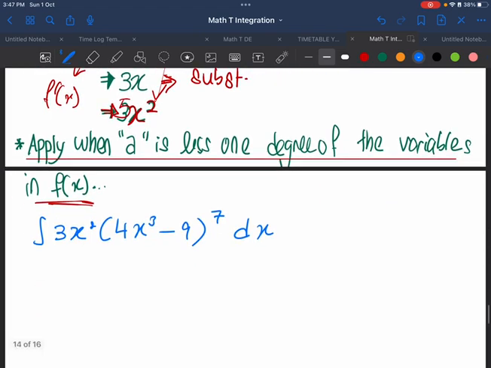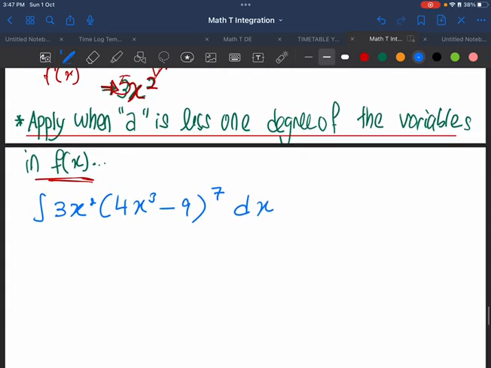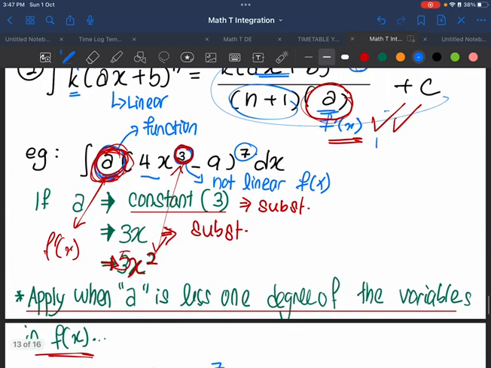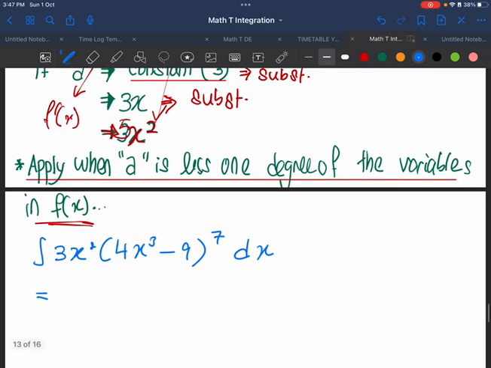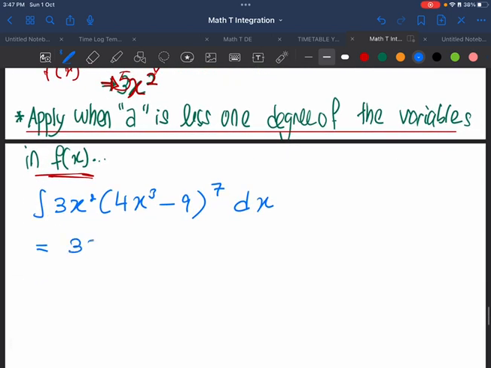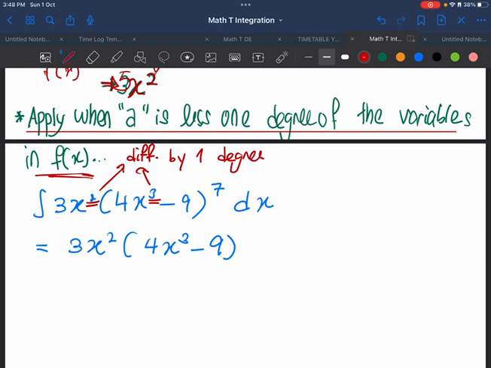If I want to do this question, I will just use the second formula again, since here it is divided by f prime x. So now you copy back the same thing as I do, 4x cubed. Just now we treated this as a constant, but it's not a constant, okay? So 4x cubed minus 9, because they differ by 1 degree. Here is 3, here is 2. So if you see a difference of 1 degree, like 3 and 2, or 4 and 3, okay?